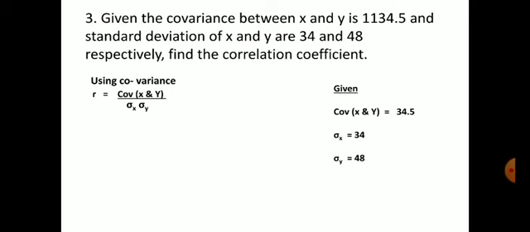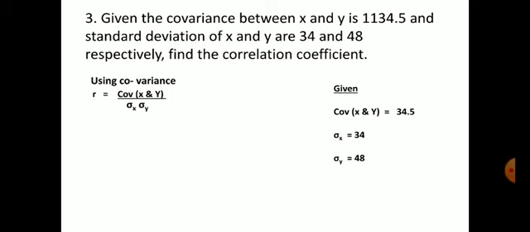R, the correlation coefficient, is nothing but the covariance between x and y divided by the standard deviation of x into the standard deviation of y. If they have given the standard deviation, it is fine. If they have given the variance, you have to take the square root of the variance and then calculate the standard deviation.